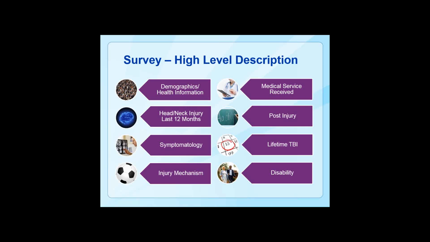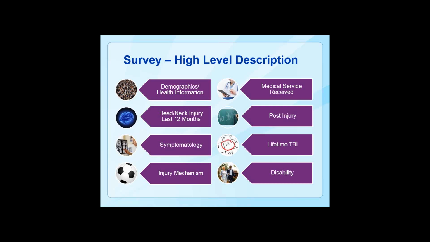The next section is symptomatology. We will ask about signs and symptoms. In this set of questions, we are careful to make clear that we want to know about things caused by the injury or things made worse by the injury. These include being dazed, stunned, confused, or disoriented, not remembering events before or after the injury, and loss of consciousness.